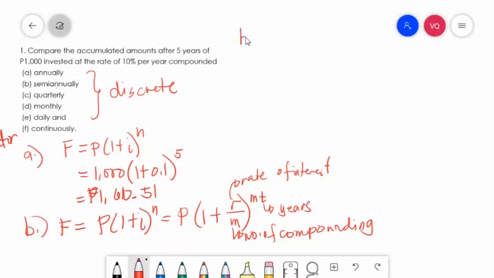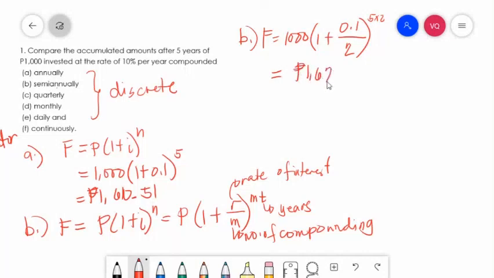So in letter B, we have F is equal to 1,000 multiplied by (1 plus our rate of interest 0.1, since this is semi-annually, divided by 2) raised to the number of years 5 times M which is 2. So that is 10. Letter B is equal to 1,628.89 pesos.